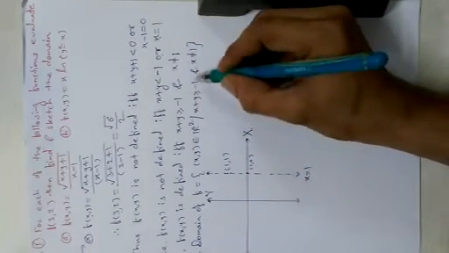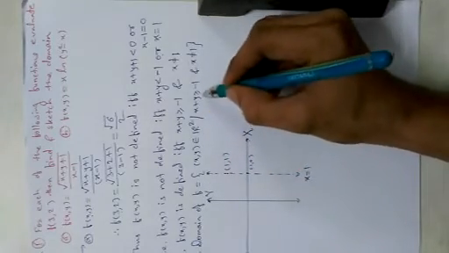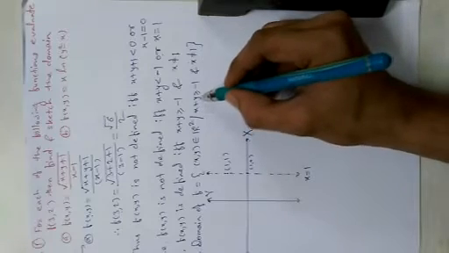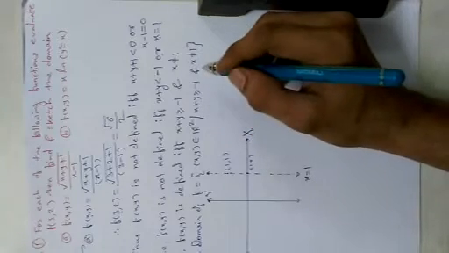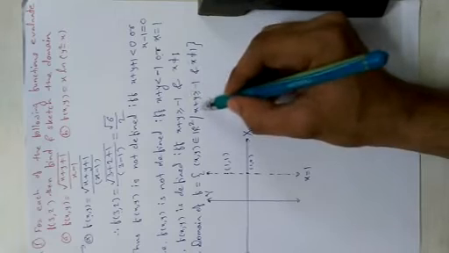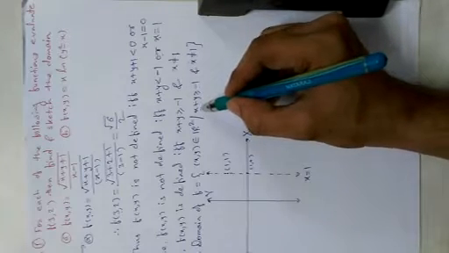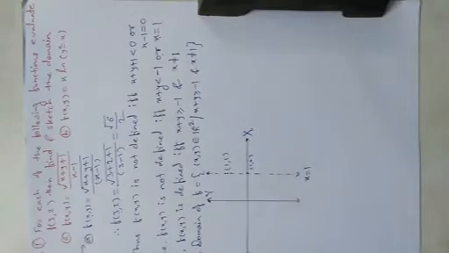Now we consider the second condition, which is the inequality x plus y greater or equal to minus 1. We will draw this line first. Which line? x plus y is equal to minus 1. To draw this line, we must find 2 points on this line.